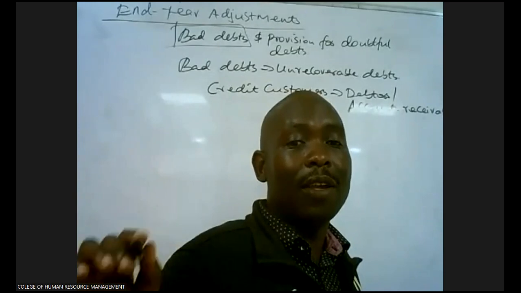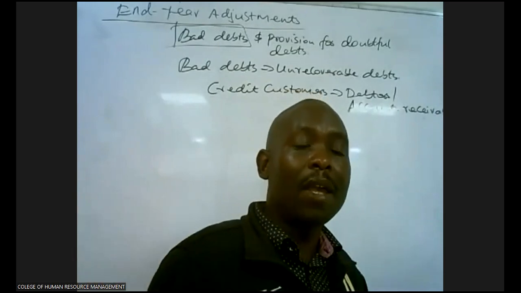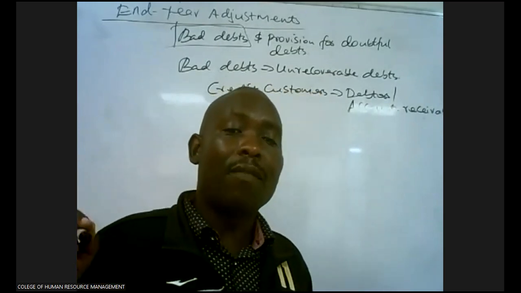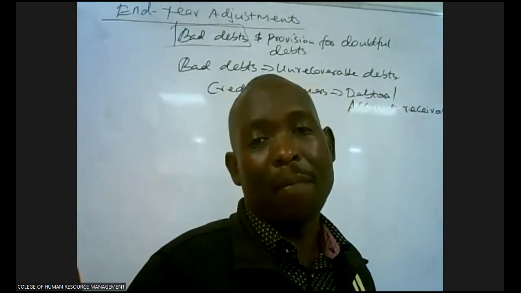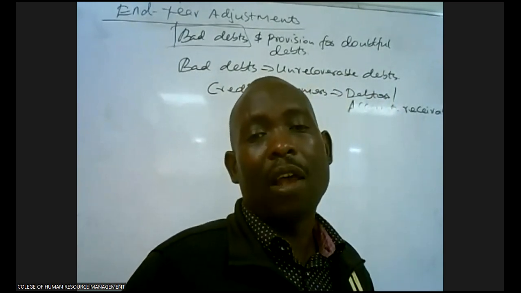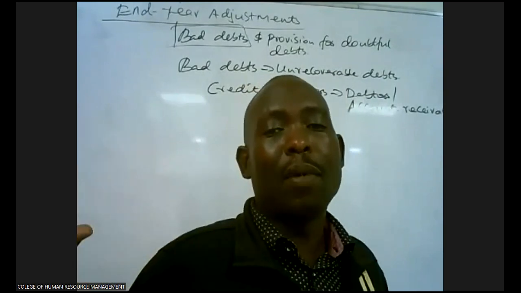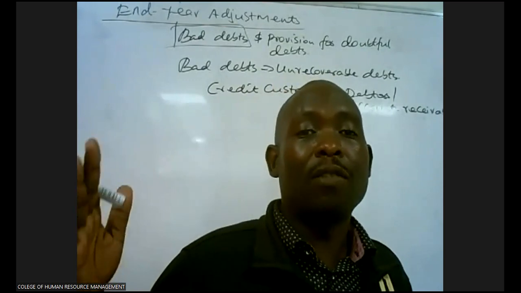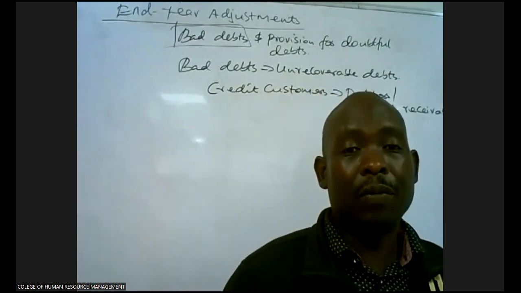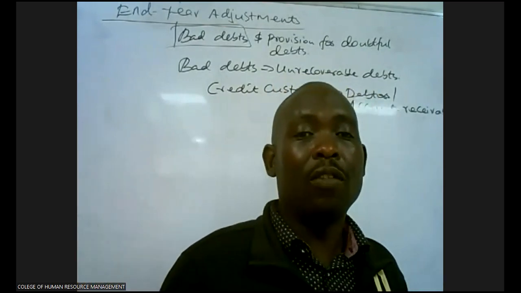And those credit sales result in scenarios whereby the customers have actually gone to a level whereby we have confirmed they will never pay. Either those customers have been declared bankrupt by the court of law. You cannot demand money from any person who has been declared bankrupt by the court. That person is gone.